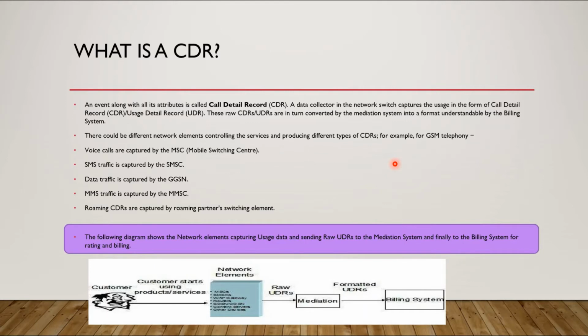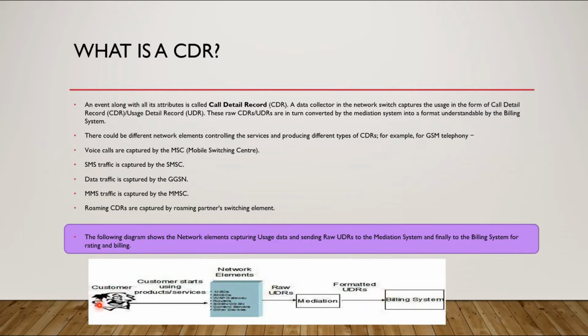There is a system called mediation, where the CDR goes, and the mediation decodes the CDRs and transfers them to the billing system. Basically, mediation decodes them and puts the output of the CDRs in a form that the billing system understands. This is the billing system.